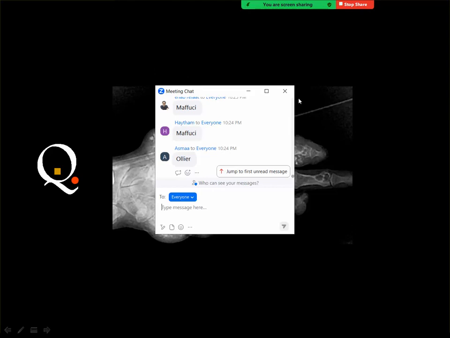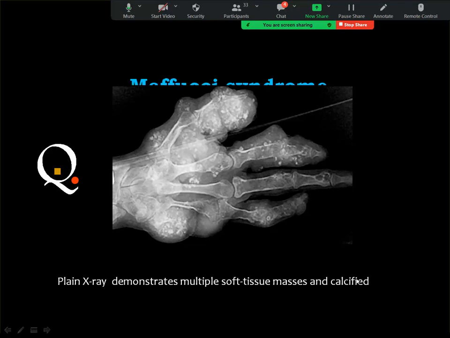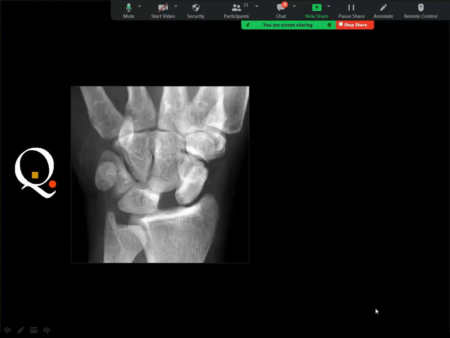No, this is not Ollier, but this is Maffucci syndrome, and you have multiple enchondromas, as well as calcified phleboliths in the soft tissues of the hand, diagnostic of hemangiomas, and hemangiomas and enchondromas contribute to the diagnosis of Maffucci syndrome.